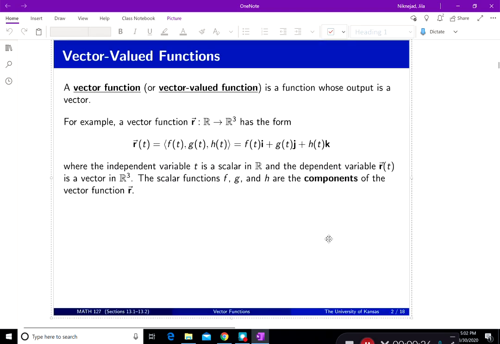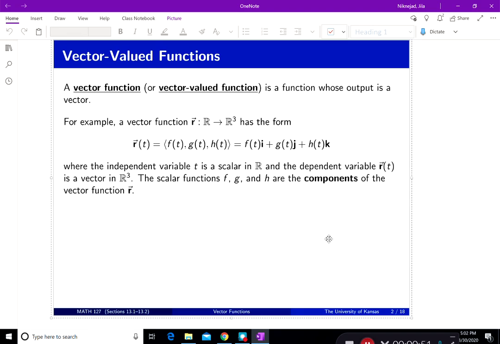And we saw a few of them in the transformation section. For example, a vector function r from the real numbers to R3 has the form r of t equals f of t, g of t, h of t.